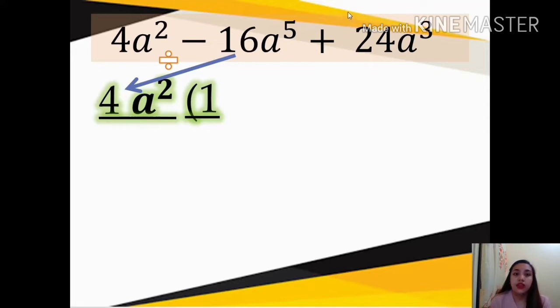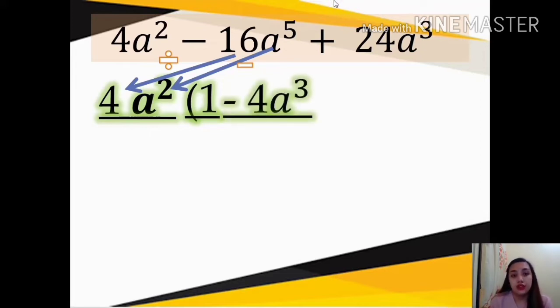Next, 16 divided by 4 and then a to the 5th power divided by a to the 2nd power. So, doon sa 16 divided by 4, ang sagot doon is 4. And then, when we divide a to the 5th power by a to the 2nd power, we are going to subtract the exponents. Always do that.